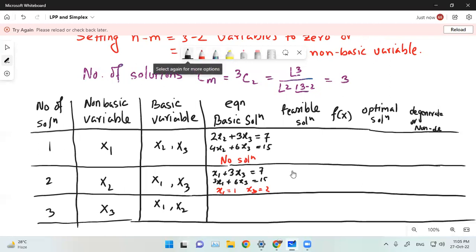The last case: x1 plus 2x2 equal to 7, and 3x1 plus 4x2 equal to 15, and this will give us the solution x1 equal to 1 and x2 equal to 3.